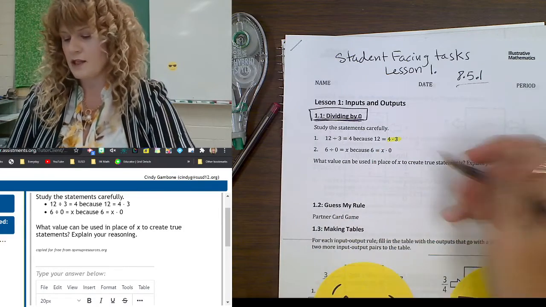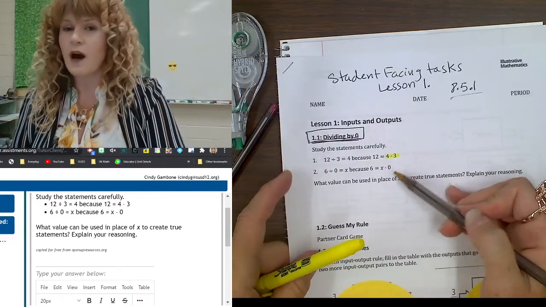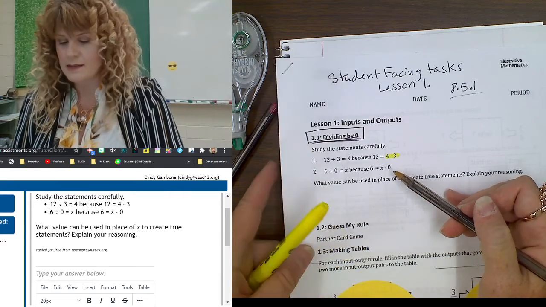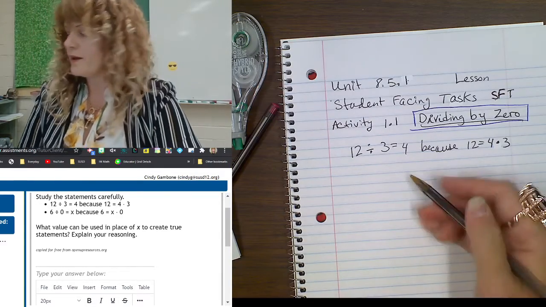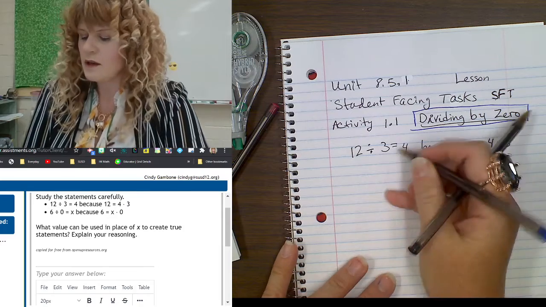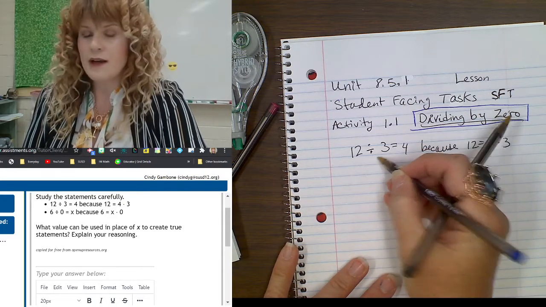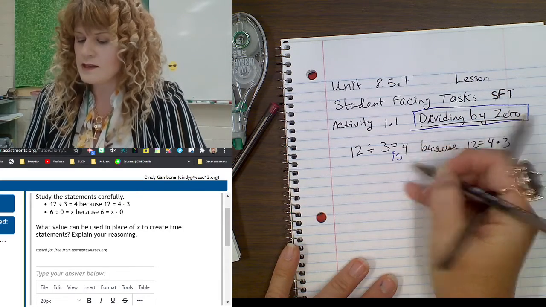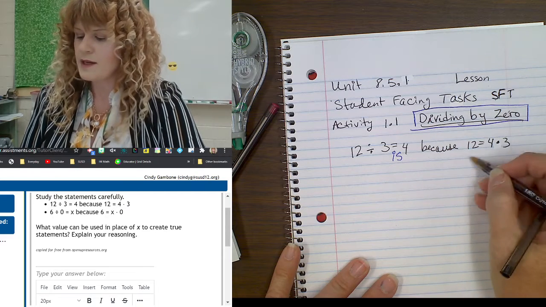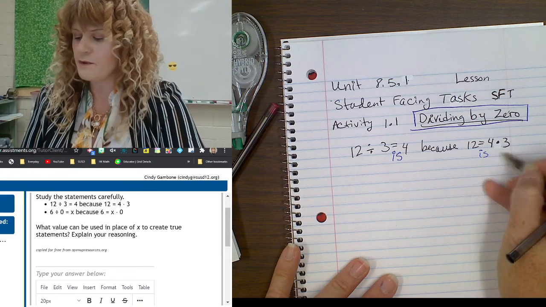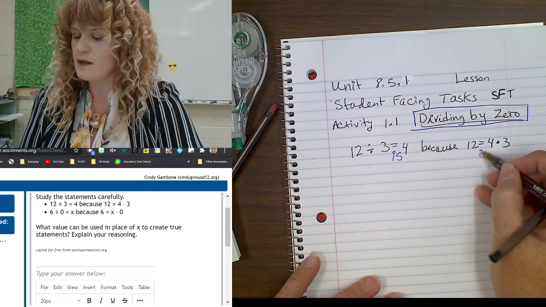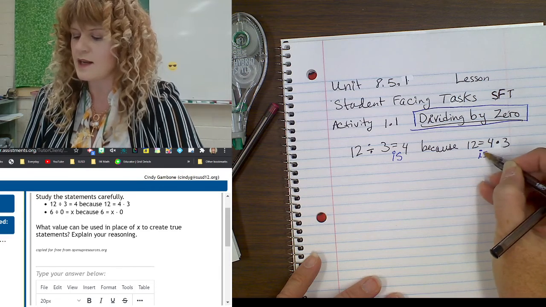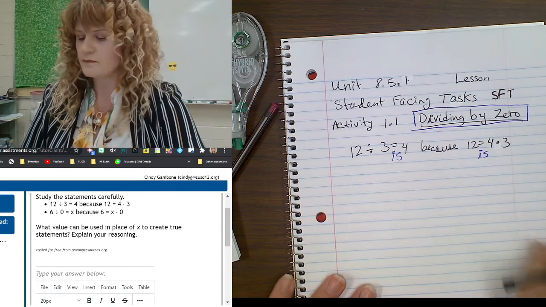It's multiplication. So be really careful not to write it as a decimal point. When you read this statement, you can also say 12 divided by 3 is 4 because 12 is 4 times 3. You can read the equal sign as the word is.